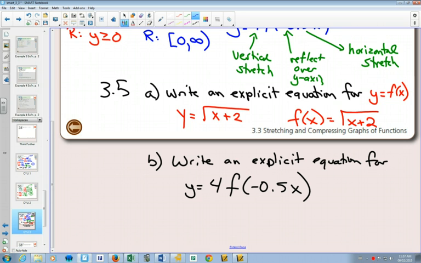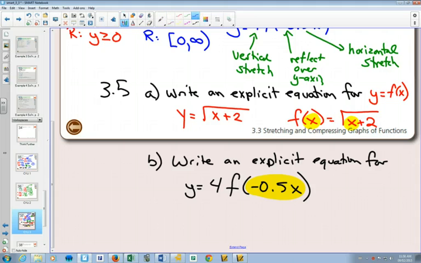So I'll switch to blue. Some key things about functions. If you have original function f of x, which we do in part A, there's our x, there's our x. That's a key thing to recognize. What's going to happen in part B is we are going to have a 4 outside of our function, and then we are going to replace the x with negative 0.5x.